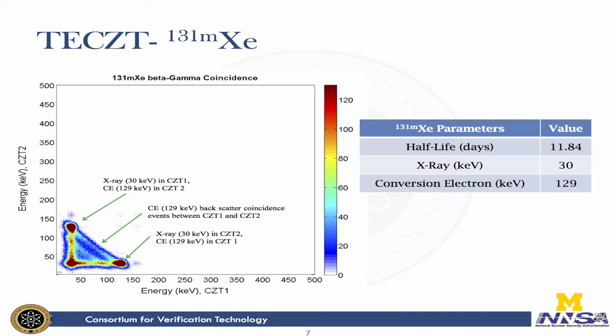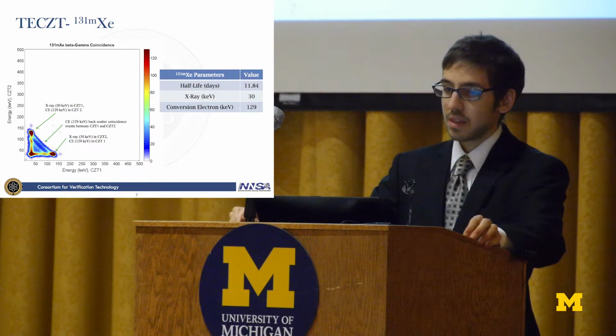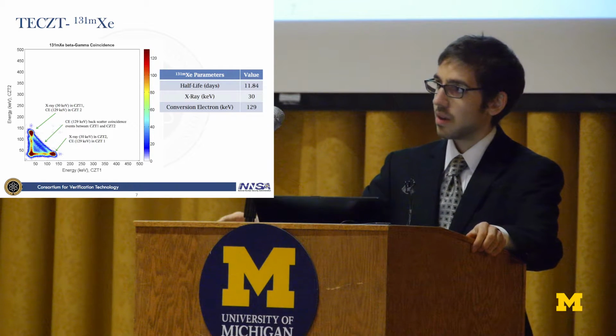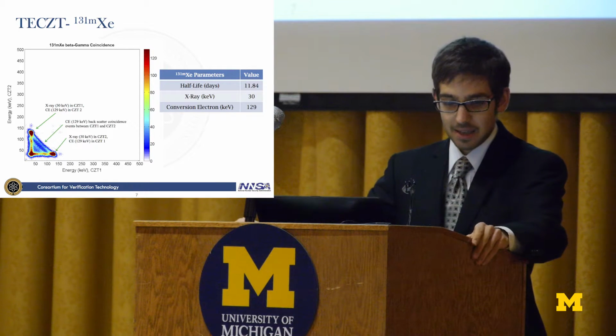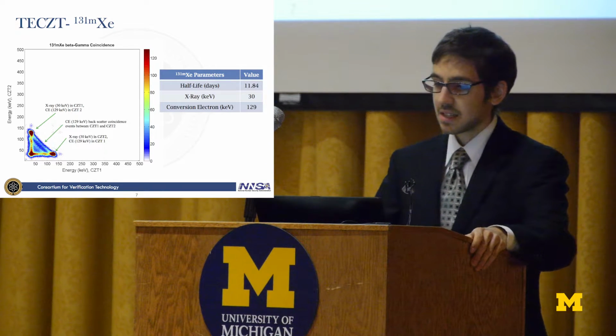Once again, we expect to see a blob area at 30 keV and 129 keV in coincidence, and that is what we see. We see backscatter coincidence events between the two detecting mediums. And something we see with xenon-131m, and this is a big impetus for the CASP system, is incomplete energy deposition from these conversion electrons.